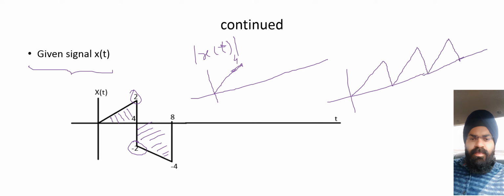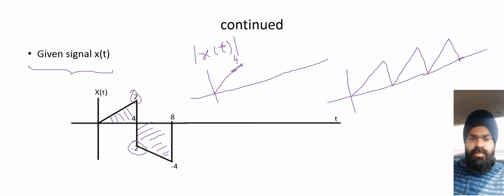Because this value will also come to the positive side, the resultant waveform will be completely this type of sawtooth waveform, or you can also call it a triangular waveform.